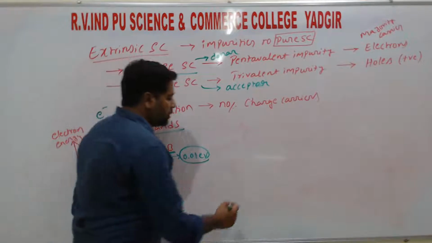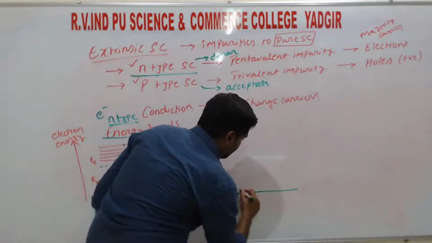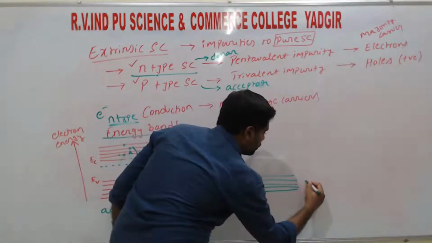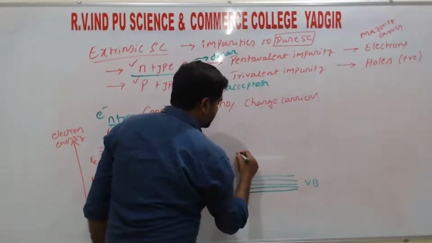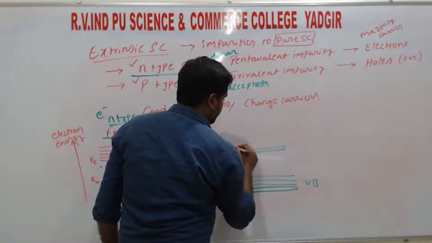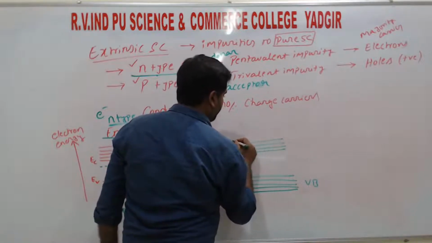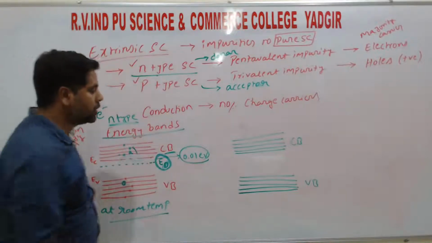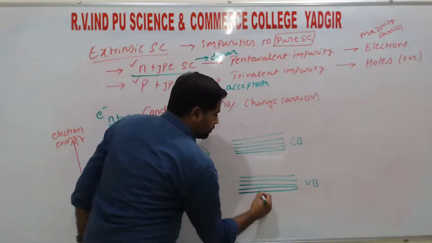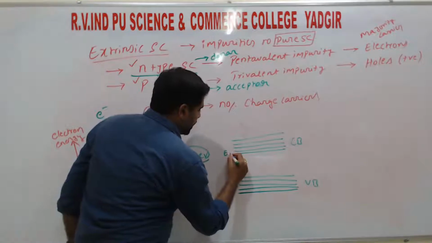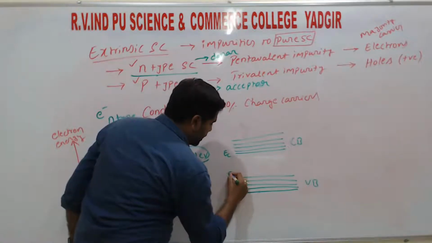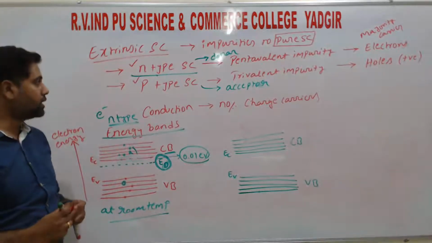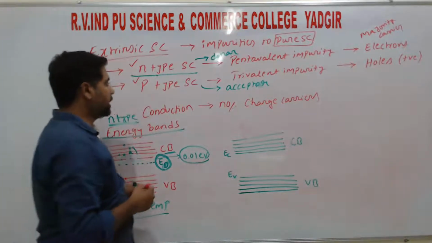So if we observe in p-type semiconductor, this one is the valence band. Here we have the conduction band, right? So this energy level is EC and here the energy level is EV, right? So what happens in p-type semiconductor?